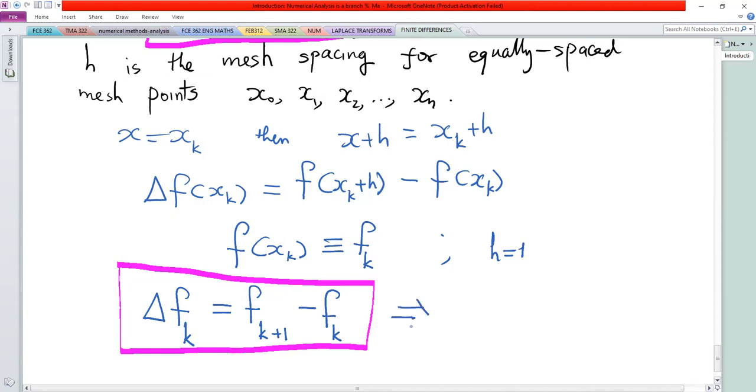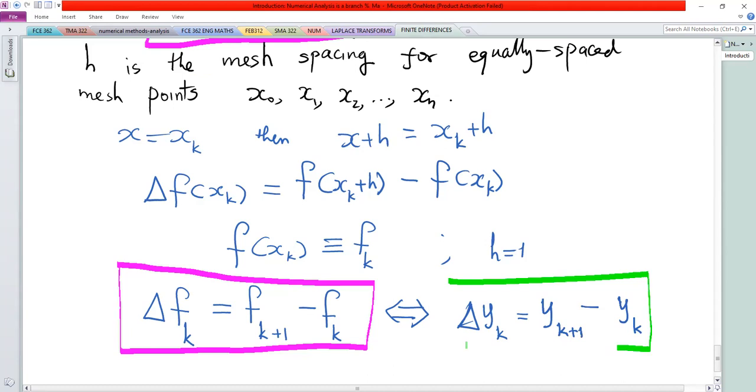So this is the same thing as writing that forward of y sub k is y of k plus 1 minus y of k. You can either use a variable f or a variable y. You'll have the same interpretation.